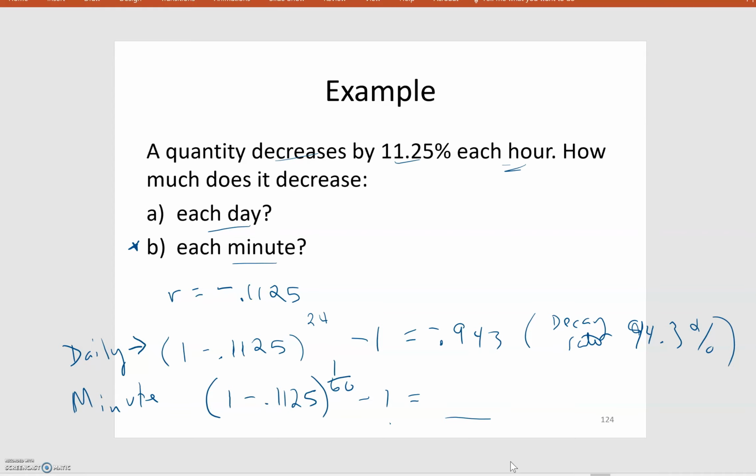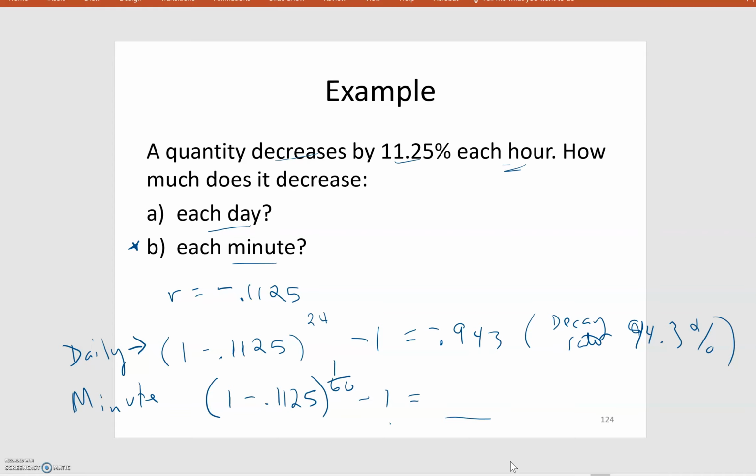Now, in the previous example, I think I did it the other way, where I did 1 minus all this, and then I didn't have to change the sign. I don't mean to be confusing by that, but it doesn't matter which way you do it as long as you are aware that you are either finding the growth or the decay rate.